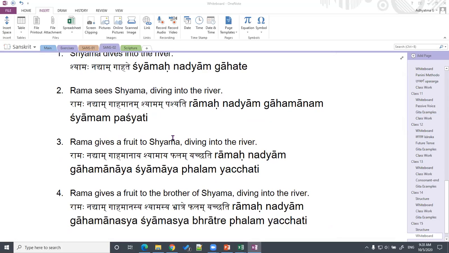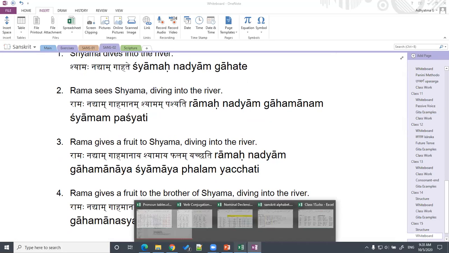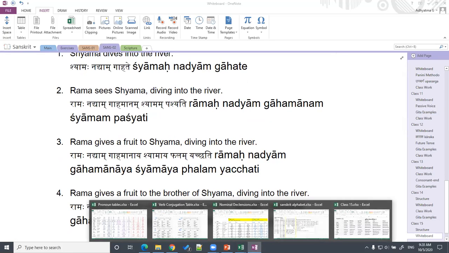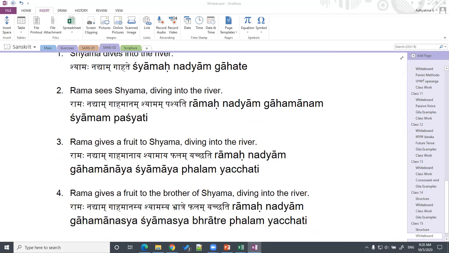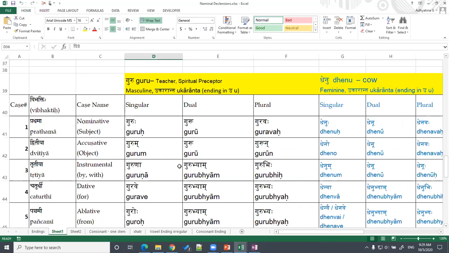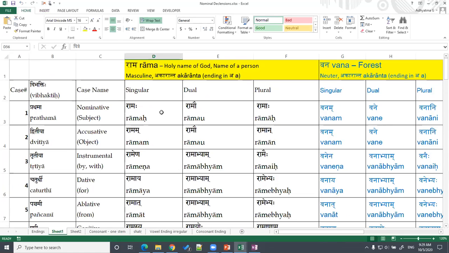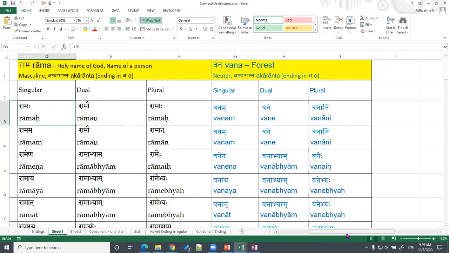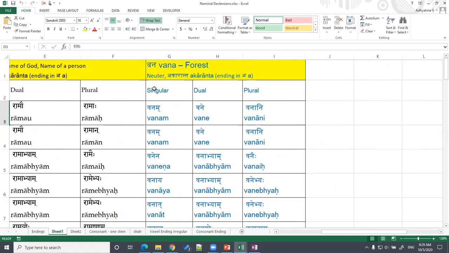The question is, masculine and feminine we discussed. Neuter also is the same way. So Gahamana, because neuter the base remains the same as masculine, and you will do the akaranta noun just like vanam. Like Rama is the masculine noun and Vana is the neuter noun.